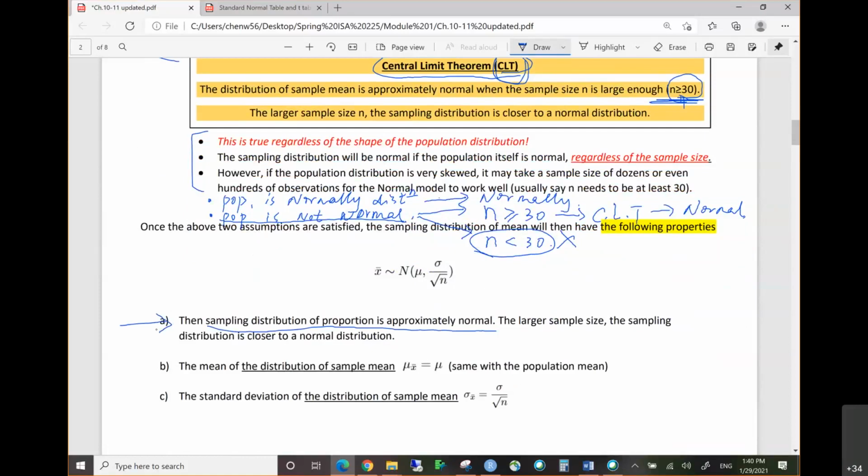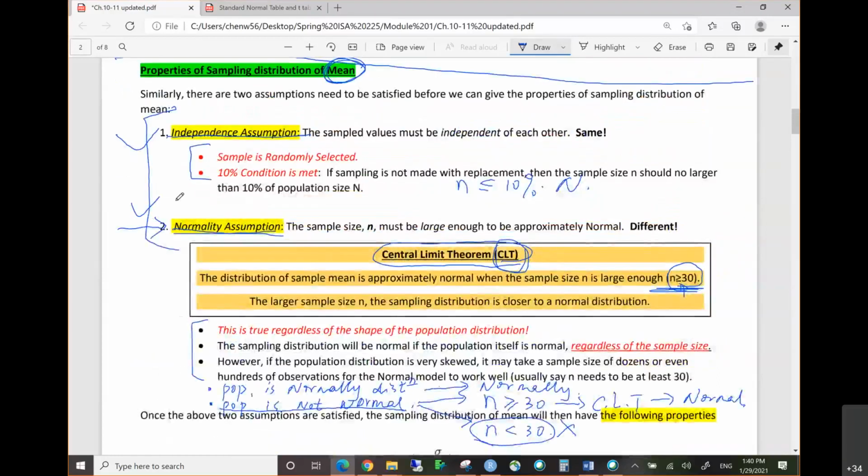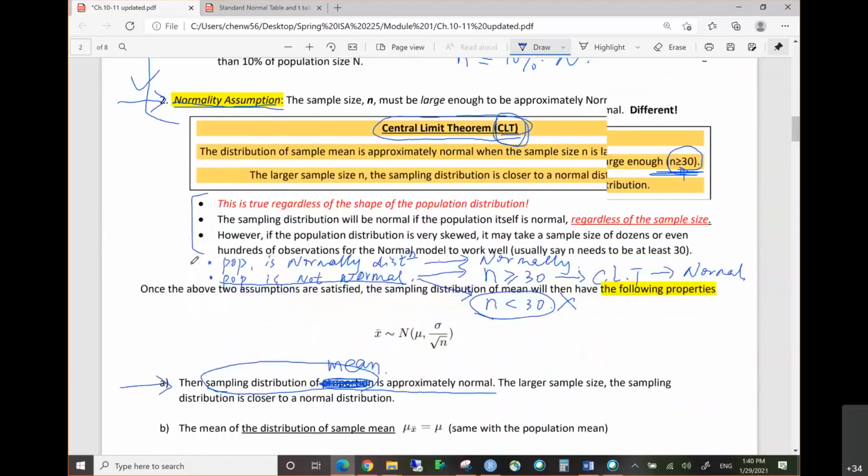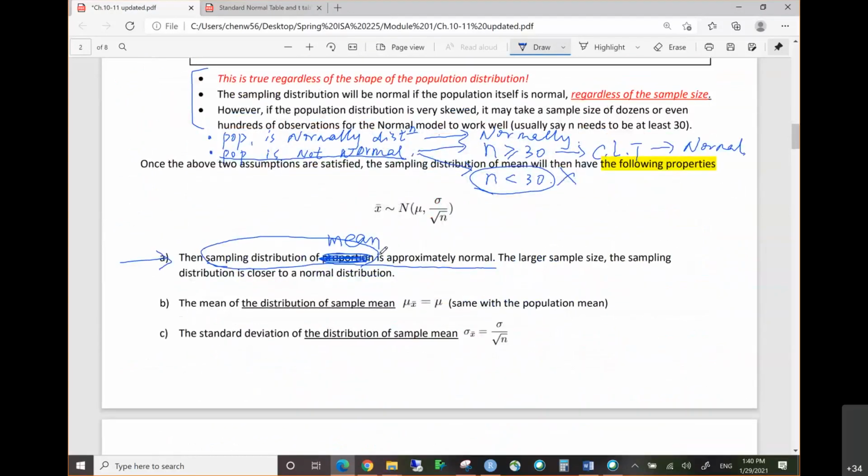If these two assumptions are both satisfied, then this distribution, we call it the sampling distribution of mean, not proportion. Here should be the mean. If the above two assumptions are both satisfied, then this sampling distribution of mean will be also normal. Again, the larger the sample size, the closer the sampling distribution is to an exact normal distribution.